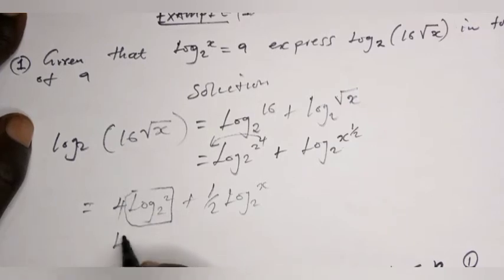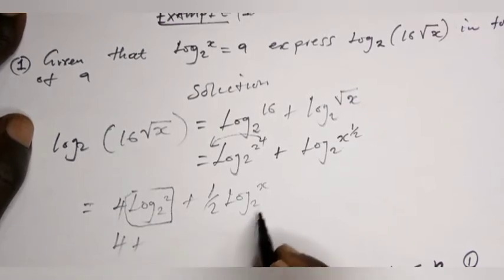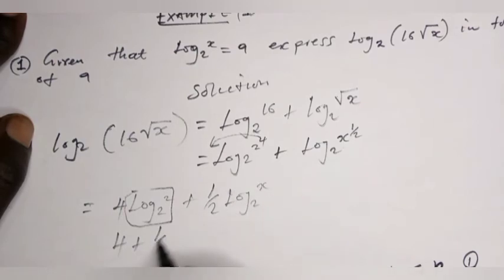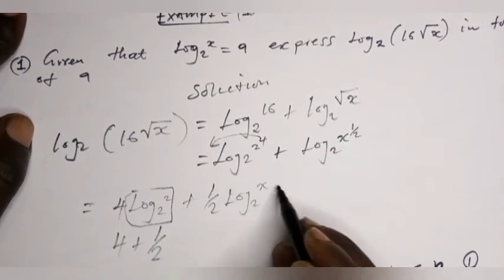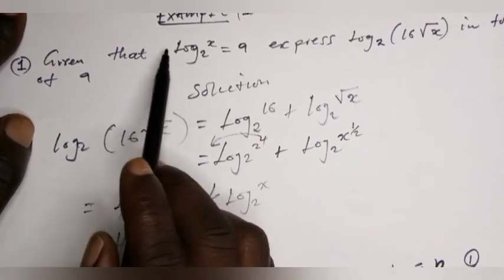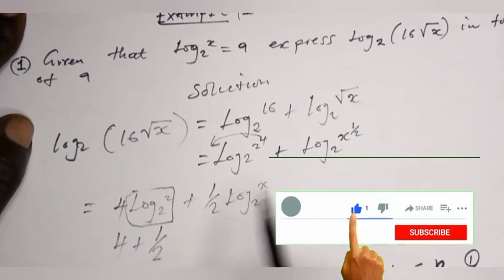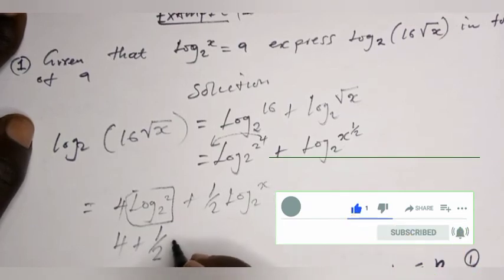So it will be 4 plus half. In the equation, they are saying that log base 2 of x is equal to a. So it will be 4 plus half a. That's the answer.